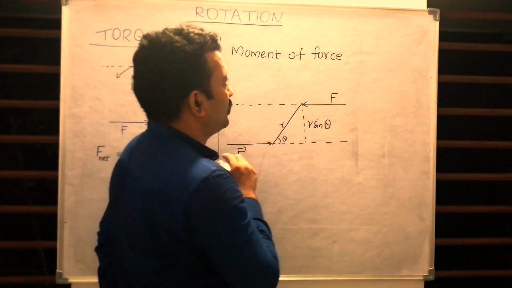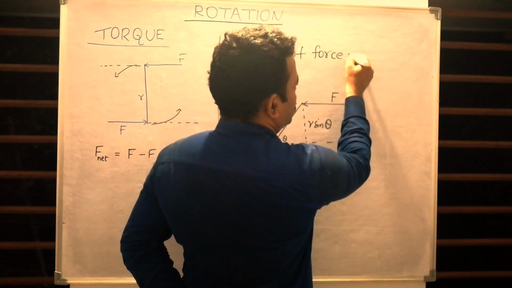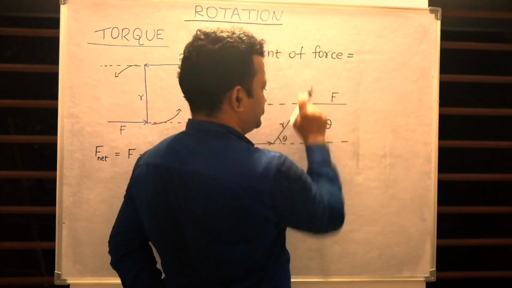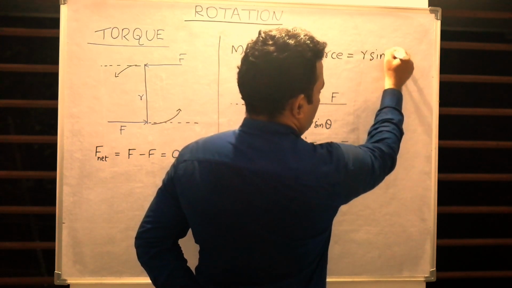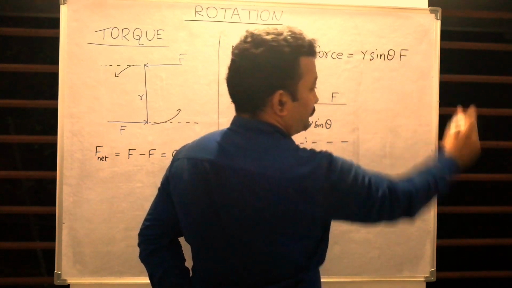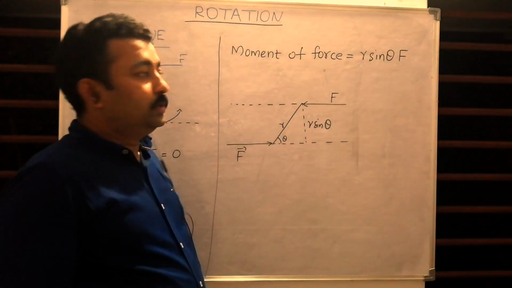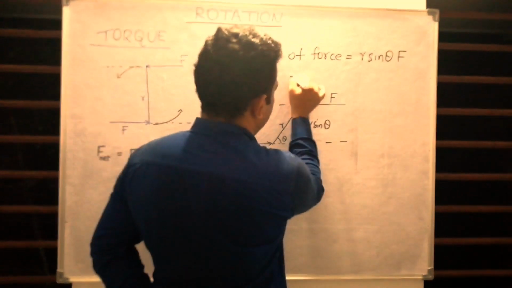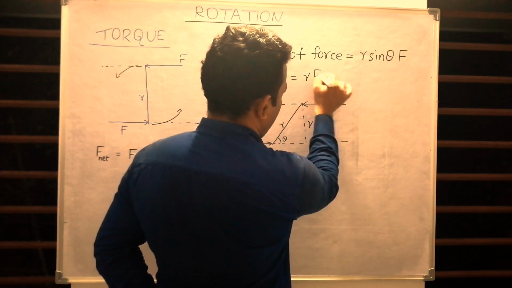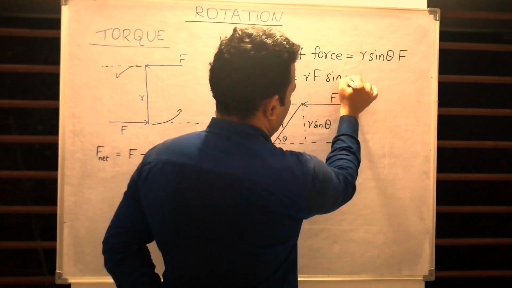So what is the moment of a force? It is the perpendicular distance between the two, which is R sine theta, times F, or I may write it as RF sine theta.